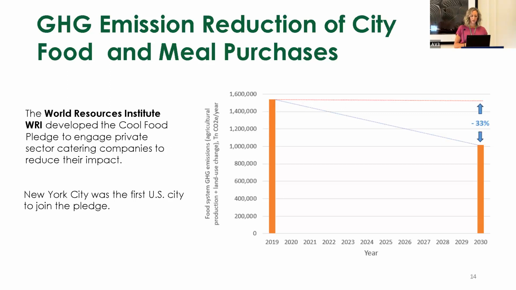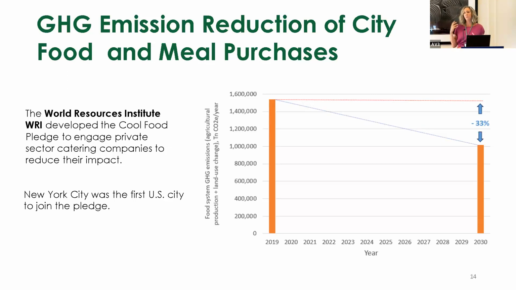So we are looking closely at our greenhouse gas emissions in our city food and meal purchases. We were the first US city to join the World Resources Institute's Cool Food Pledge. And what that means is that we have some resources and support, research support and guidance from the World Resources Institute to drive our carbon emissions down, and specifically the carbon emissions directly attributable to our food purchases.